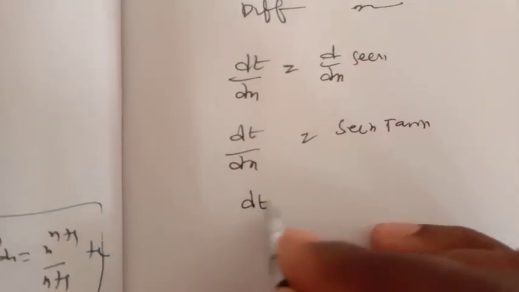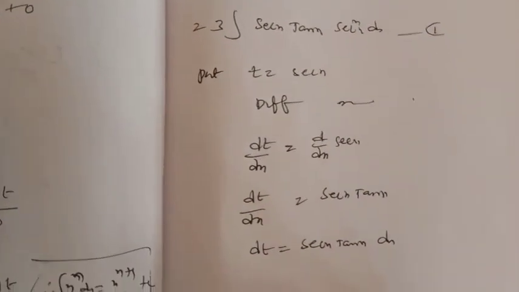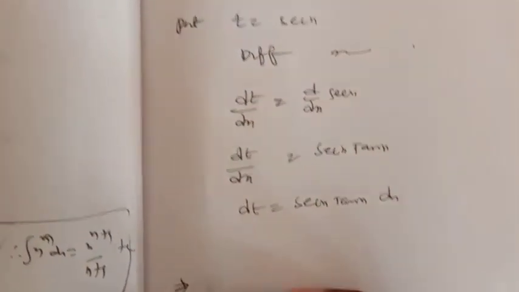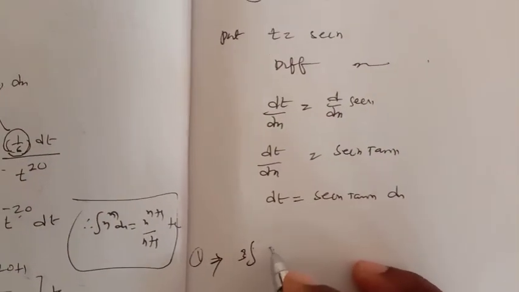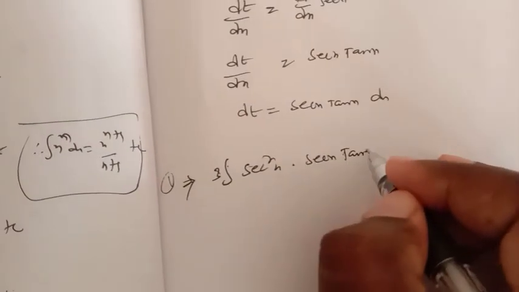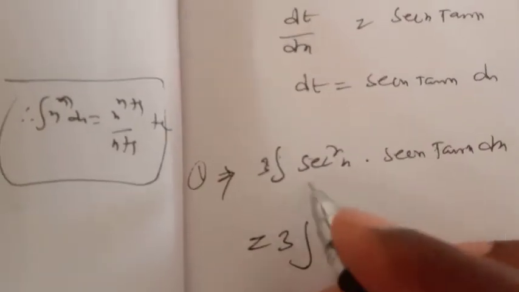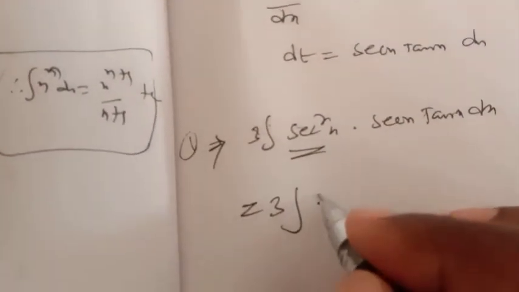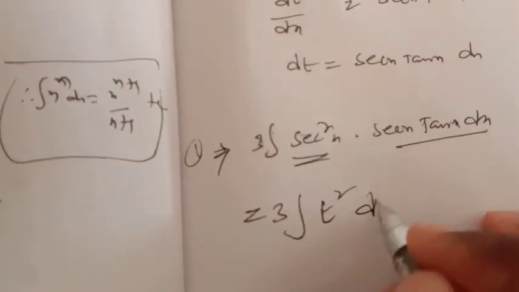On cross multiplication we get sec x into tan x into dx equal to dt. We substitute this in equation number 1, we get integral 3 into sec square x into sec x tan x into dx, that equal to 3 into t square, and sec x into tan x dx equal to dt.